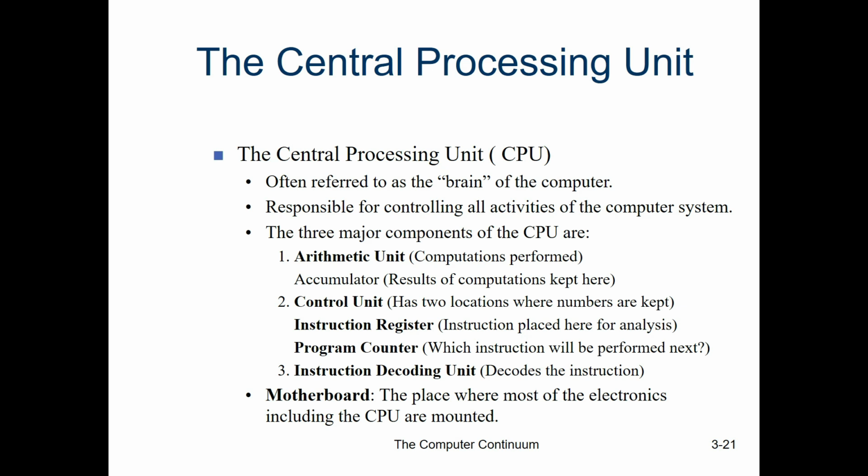So it's responsible for controlling all activities of the computer system. There are three major components inside any CPU. There is the arithmetic unit, which performs arithmetic computations. Accumulator, where results of computation are kept.